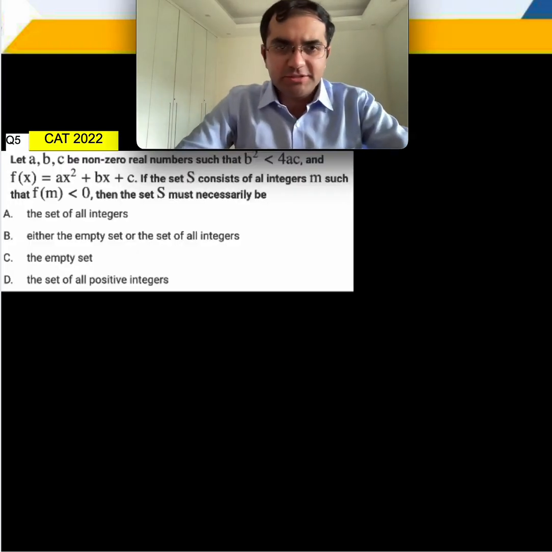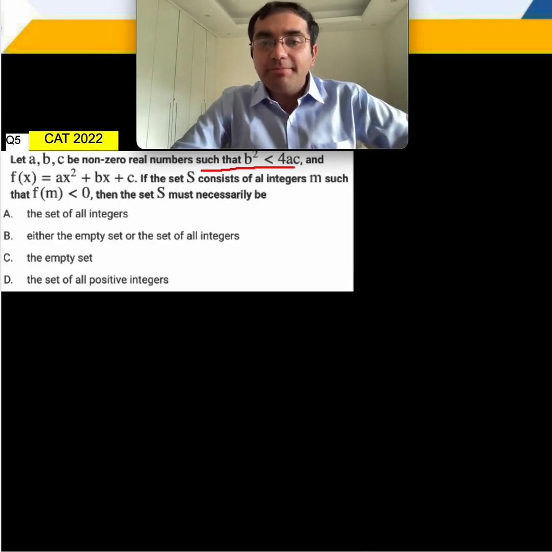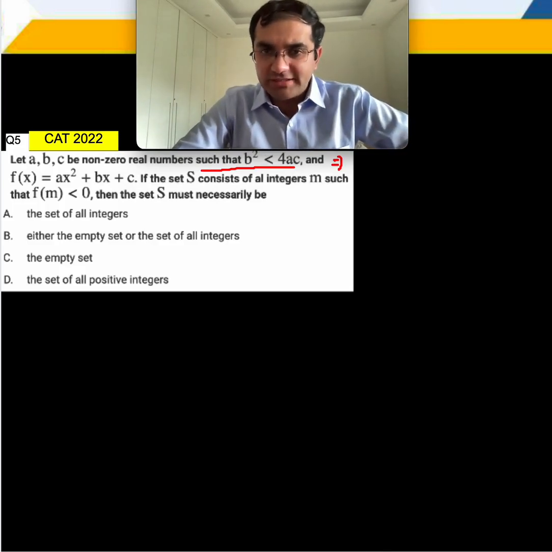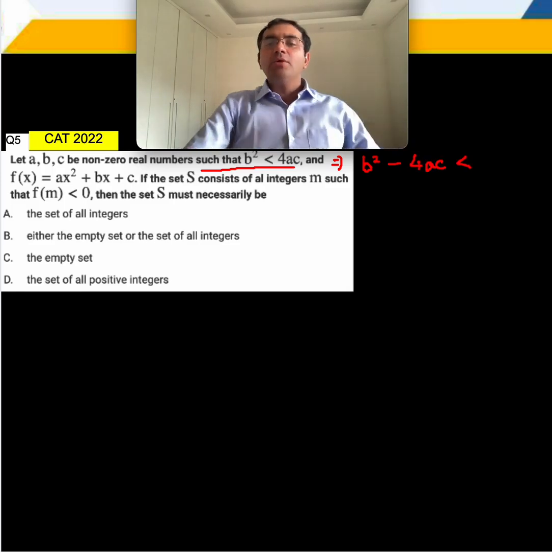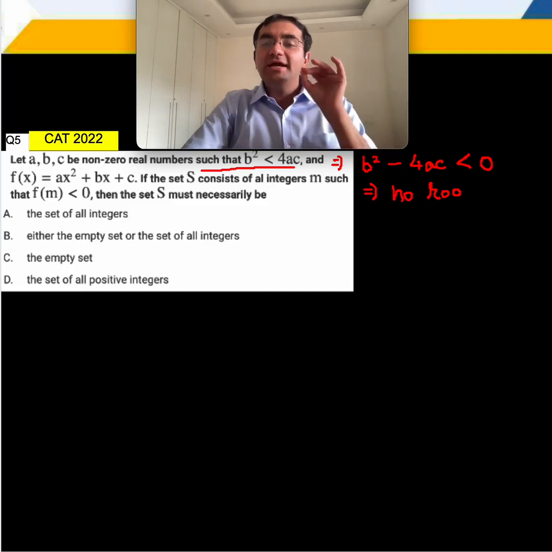Quadratic equations. A, B, and C are non-zero real numbers such that b square is less than 4ac, which means b square minus 4ac is less than 0, which means that there are no roots. ठीक है? यहाँ पर this quadratic does not have roots, which means that it will never intersect the x-axis.